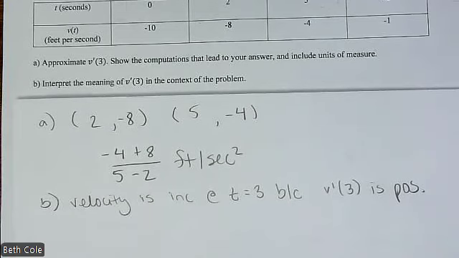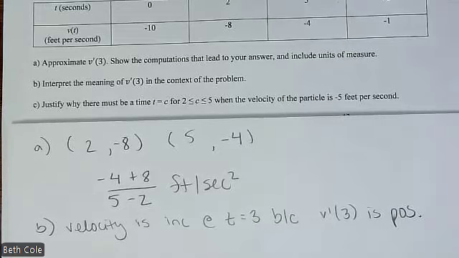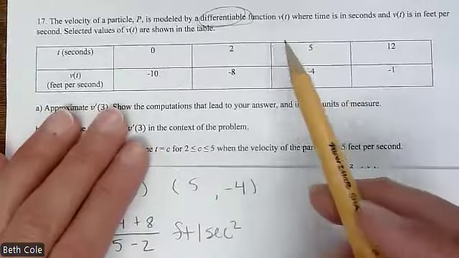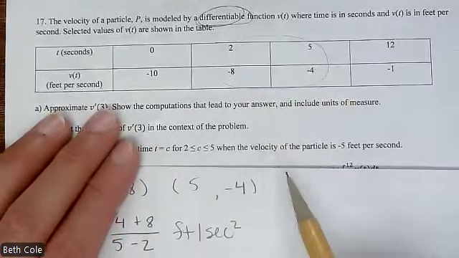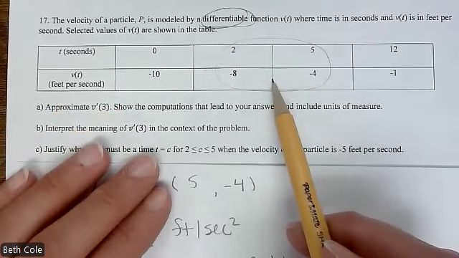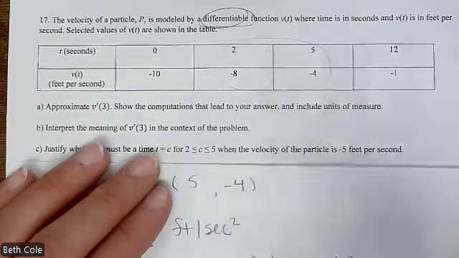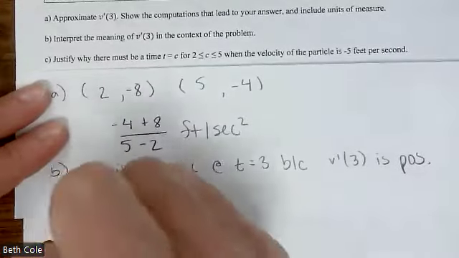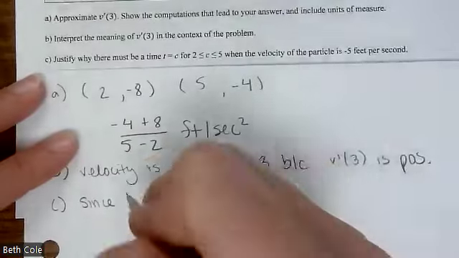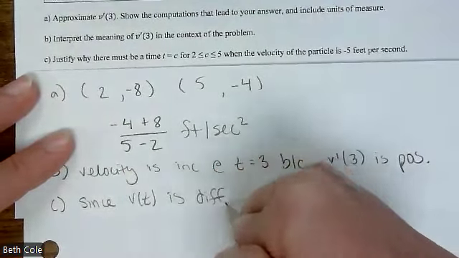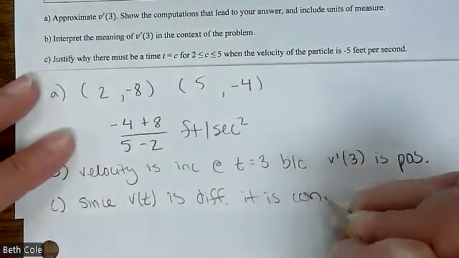All right. Letter C, justify why, oh, this is going to be a theorem. Why there has to be a time C on the interval 2 to 5 when the velocity is negative 5. Why would negative 5 need to be on there? In between, intermediate value theorem, good. So we're going to say, since v of t is differentiable, it is continuous.